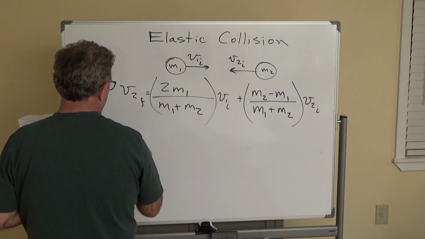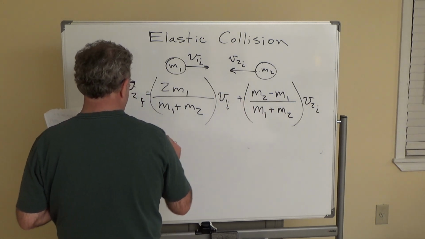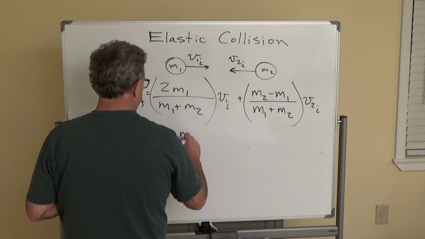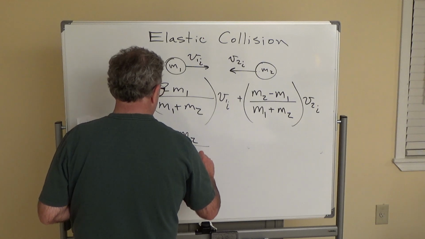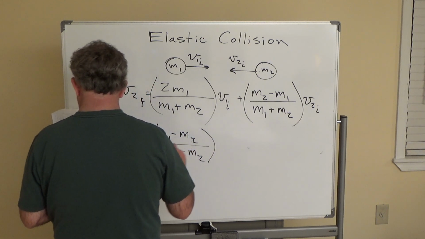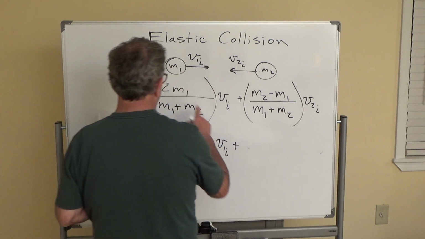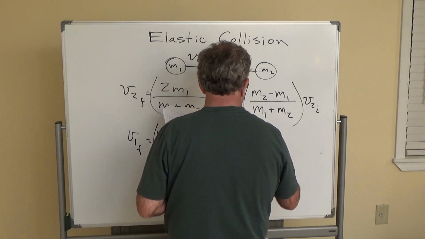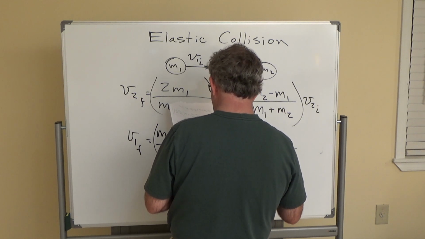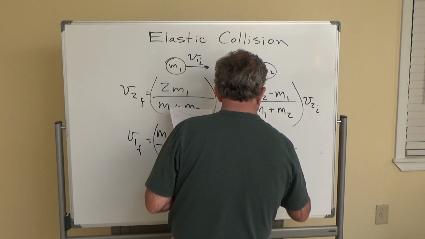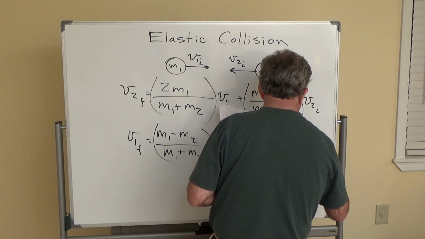So V1 final is equal to M1 minus M2 over M1 plus M2 times V1 initial plus 2M2 over M1 plus M2 times V2 initial.